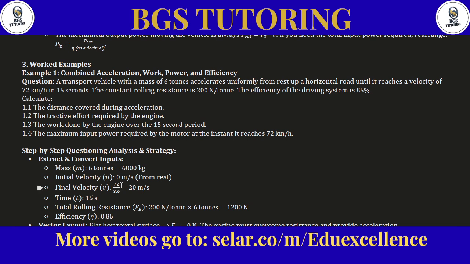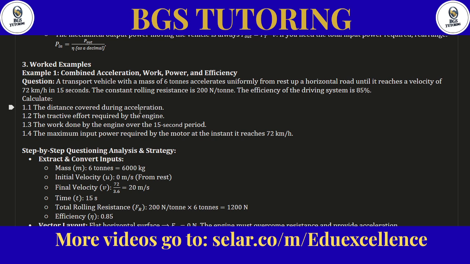We have a transport vehicle with mass 6 tons, accelerating uniformly from rest on a horizontal road until it reaches a velocity of 72 kilometers per hour in 15 seconds. The constant rolling resistance is 200 newtons per ton. The efficiency is 85%.